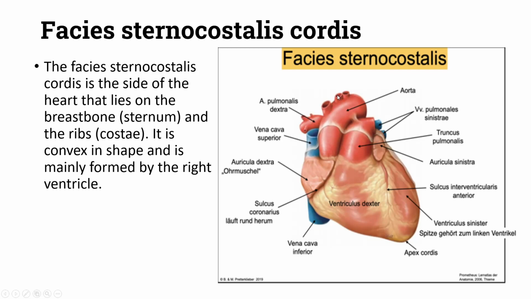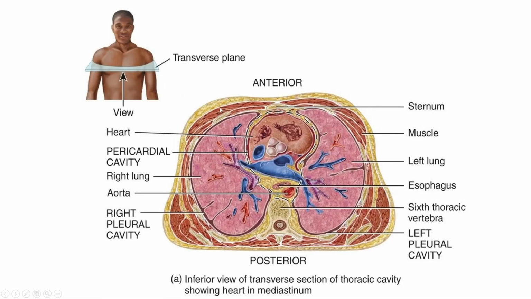Here we see the frontal part, mainly made out of the ventriculus dexter, with the apex. On the side view we see the anterior part lying to the costa and to the sternum, the lateral surfaces, and the back surfaces to the esophagus and the aorta and the vertebra.